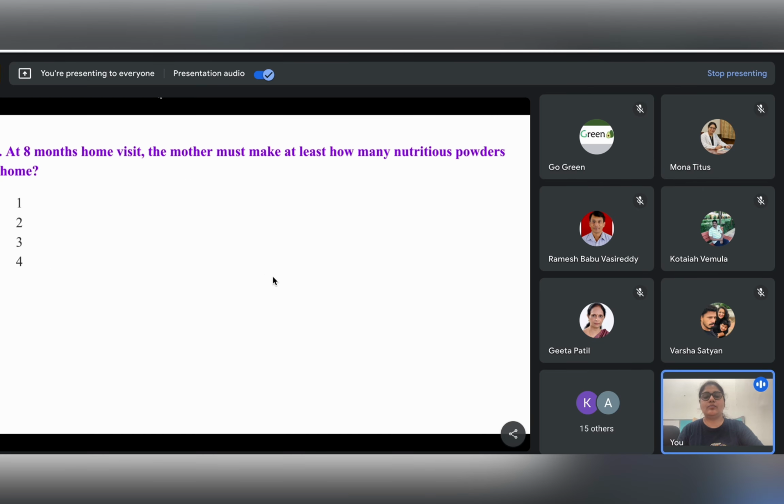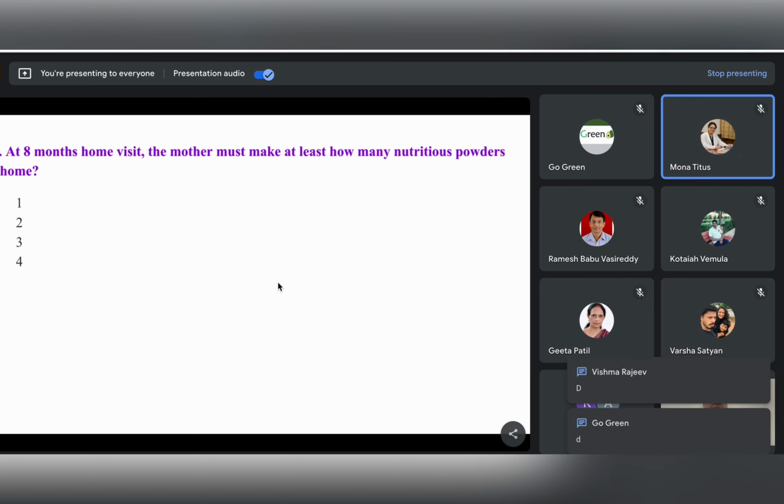Okay. So we'll move on to our next question. At 8 months home visit, the mother must make at least how many nutritious powders at home? We have discussed this, so please give me the answers very quickly. Option D. Yes.